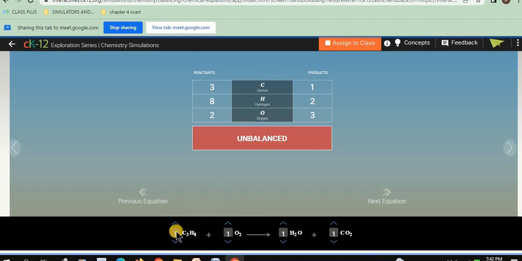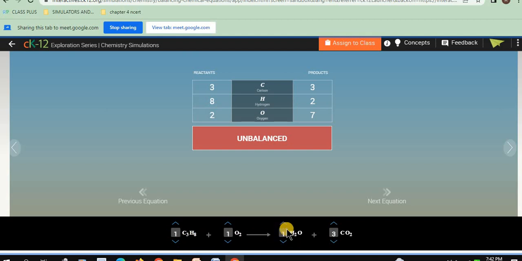Very good. Nice. So how many carbon in the left hand side? 3. How many carbon in the right hand side? 1. So can we make it 3? Yes, sir. How many hydrogen in the left hand side? 8.